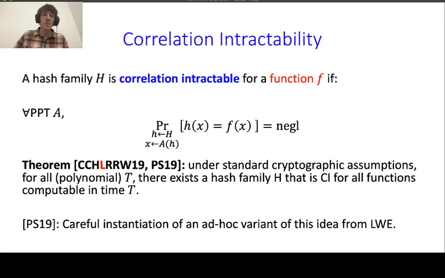They did this by carefully instantiating special purpose variants, like a homomorphic encryption scheme with some special, a bit hard to describe properties that removed the need for the circular security assumption. This is very clever, but the conceptual simplicity was lost a bit in this construction.